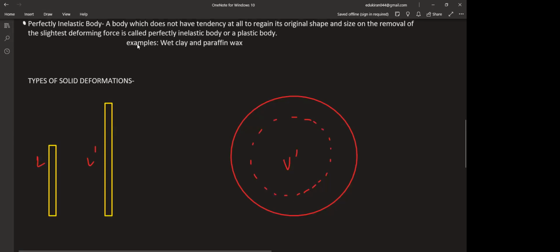See now the types of solid deformations which are produced. If the force is producing one type of solid deformation that exists, it is the change in the length.